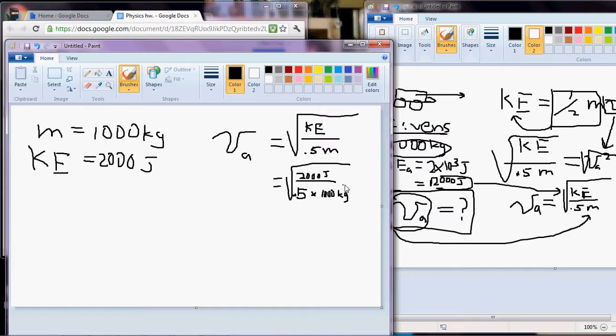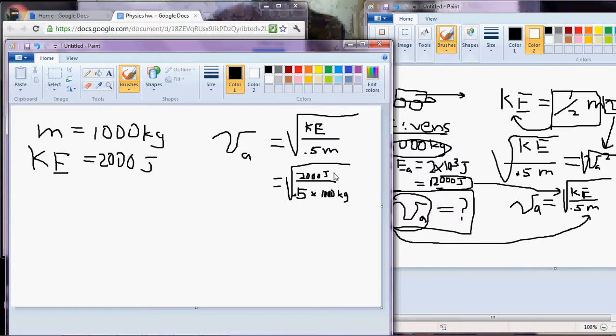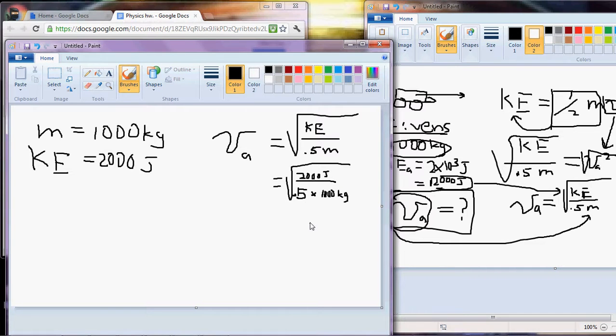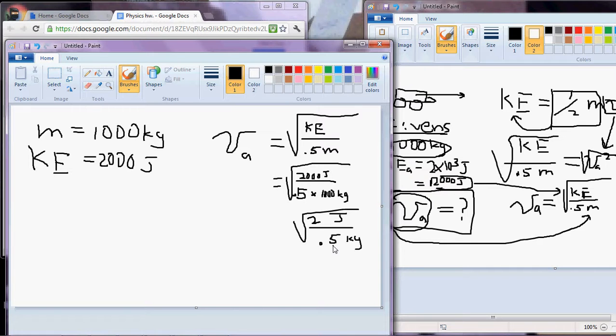Let's cancel out numbers right now. 2,000 divided by 1,000 is 2. So it's going to be just 2 on top with the joules still on top, and 0.5 on the bottom, with kg still there.